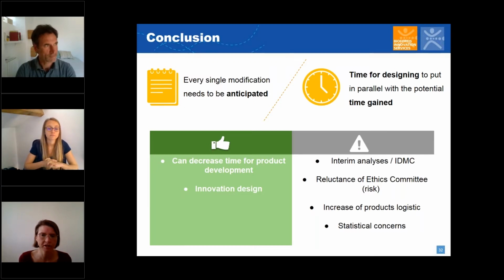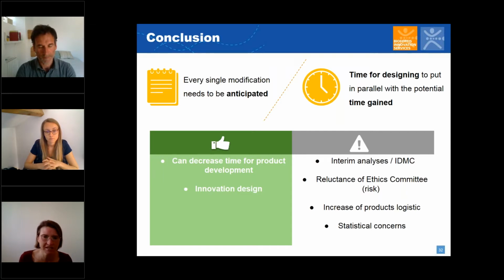According to the type of adaptive design, the constraints differ, with the need of interim analysis with an independent DMC, and the increase of product logistic and statistical concerns. So the time spent for designing is to be put in parallel with the potential time gained after the start of the study.